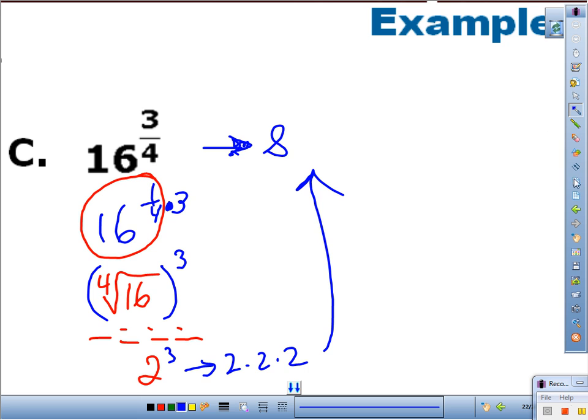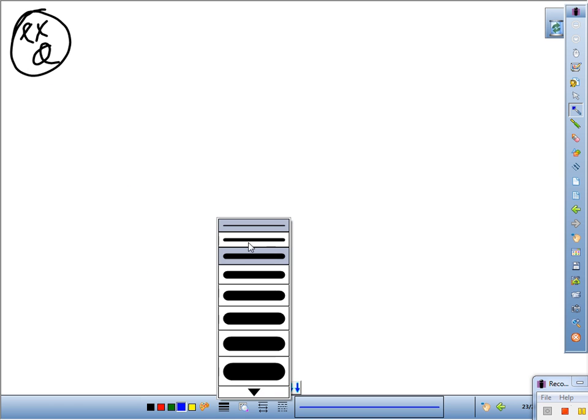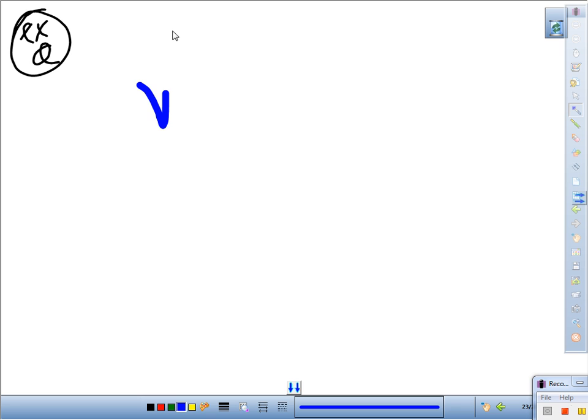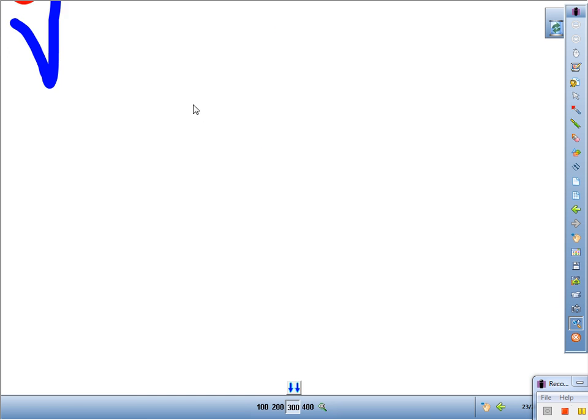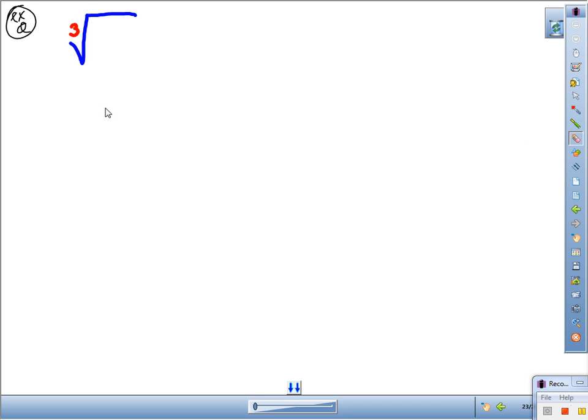Yay! Copy this one. Turn your paper over if you don't have space. Example Q. Hold on. Let me make this bigger.